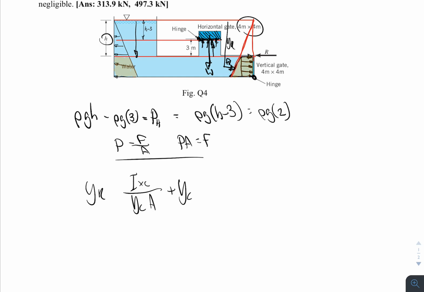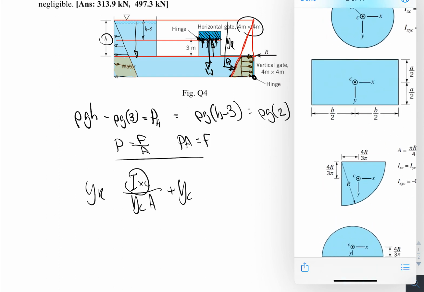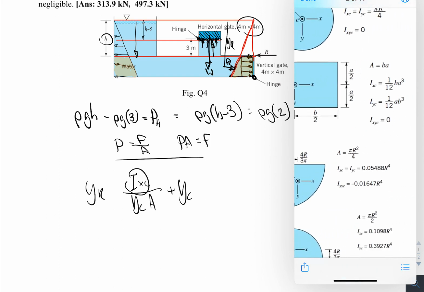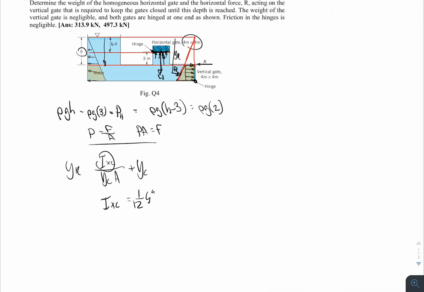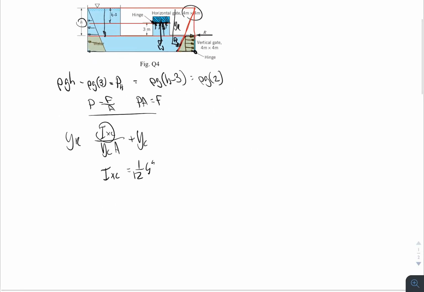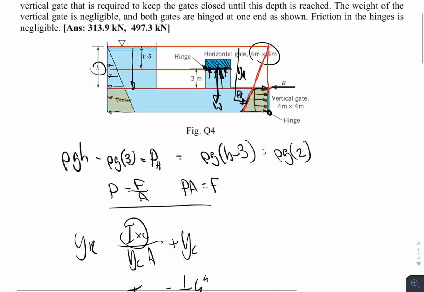Okay. What is I_xc? It's our moment of inertia. We can get that from the lecture notes. Here we have a rectangle, which is b times a cubed over 12. In our case, it's a square, which is 4 by 4. So I_xc is equal to 1 over 12, 4 to the power of 4. Okay. So with that in hand, we know that y_c is the centroid location, so it's going to be the midpoint here.